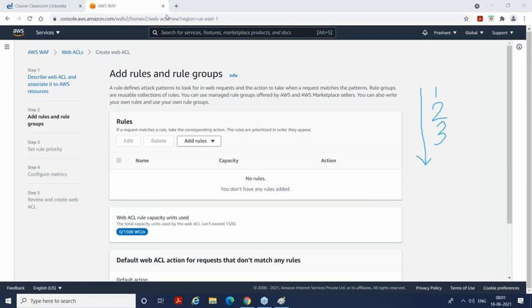Guys, understood the requirement? There is traffic coming from 1.1.1.1. Rule number 1 says allow, rule number 2 says deny, rule number 3 says allow traffic from India. Now there is traffic generated from 1.1.1.1. So will that traffic be allowed, denied, or will it hit rule number 3? What do you think?